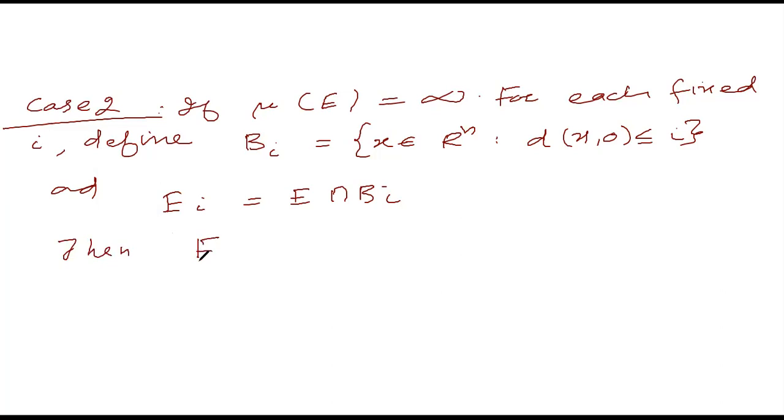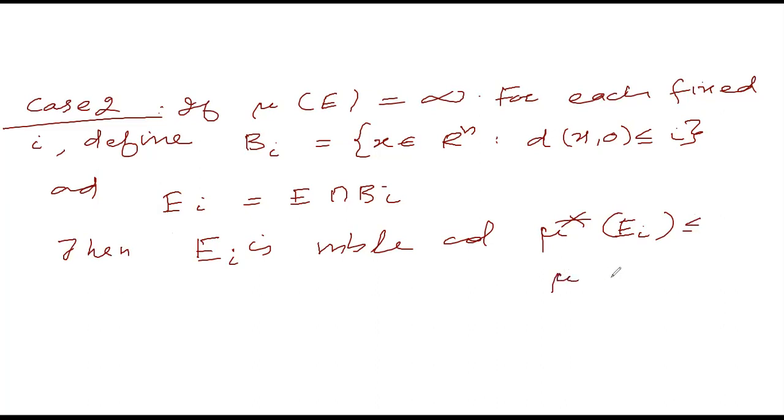The measure of E_i is less than or equal to the measure of this bounded ball with center 0 and radius i, so this measure is finite. So E_i is a measurable set and its measure is finite.